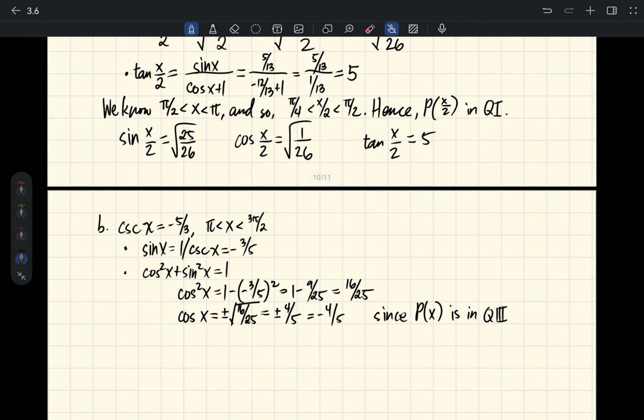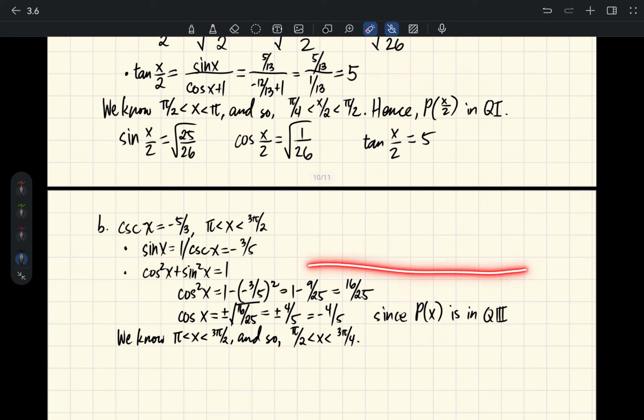So first, let's identify where P of x over 2 is located. So we know that x is in between pi and 3 pi over 2. And so, dividing this inequality by 2, we'll get that x over 2 is in between pi over 2 and 3 pi over 4.